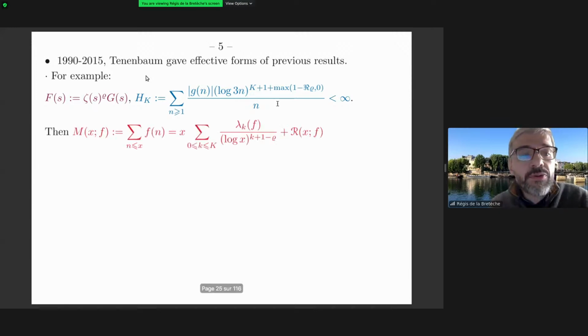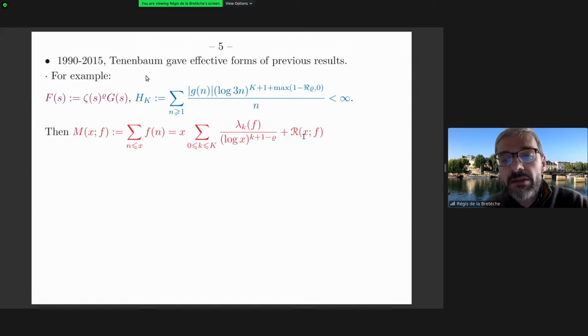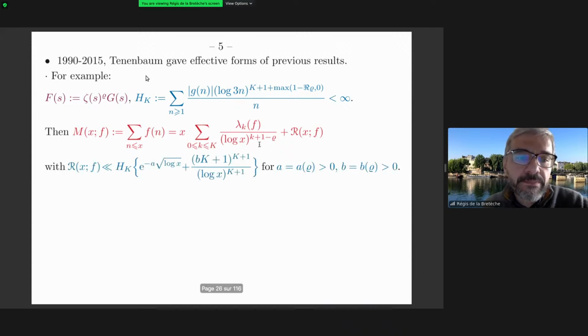you can prove an asymptotic for the sum of f of n. So we have a nice development plus an error term, like in the Selberg-Delange method, and R of x f satisfies a general upper bound.